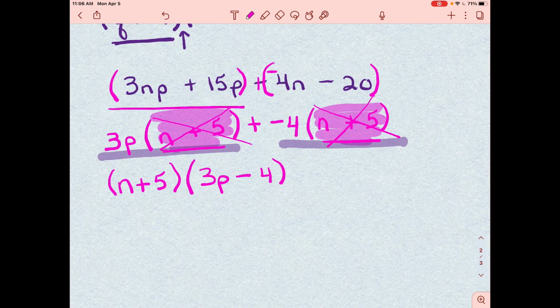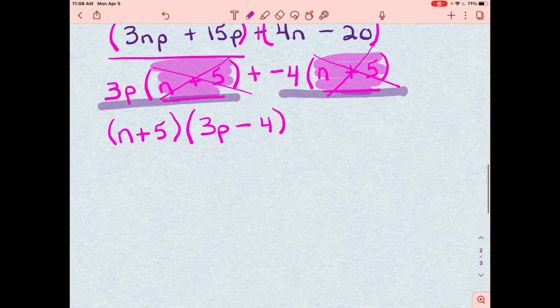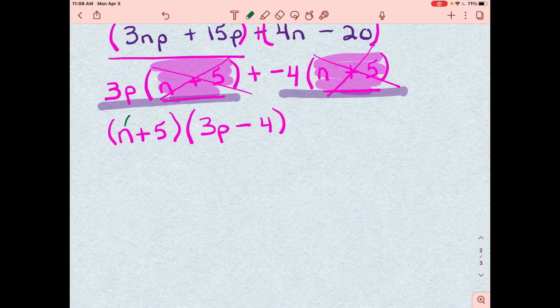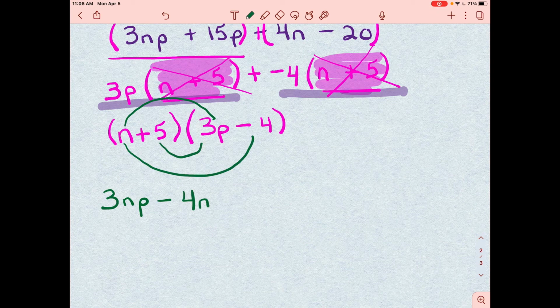Now, I do all this fancy stuff. How do I know it's right? Well, I can use FOIL. So let me get this and we'll just check it all up. N times 3p is 3np. N times negative 4 is minus 4n. 5 times 3p is plus 15p.